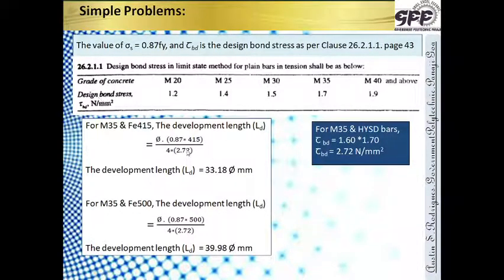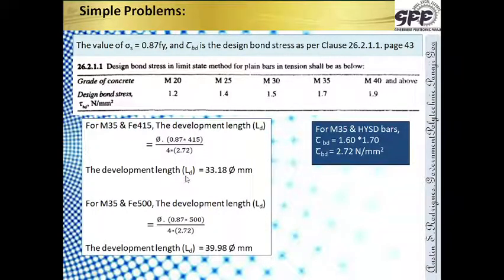Coming to the third one, it is M35 and Fe415. For M35 the value of the bond stress is 1.7, enhancing because it is HYSD bars with deformation, so 60% increase, that is 1.6 into 1.7 comes to 2.72. When I substitute over here, it becomes phi into 0.87 into Fy, Fy is 415, divided by 4 into 2.72.